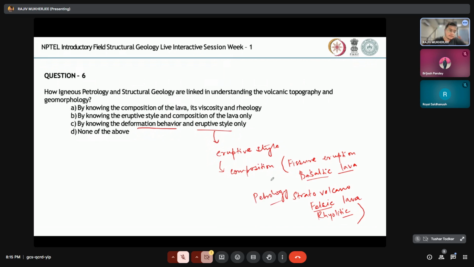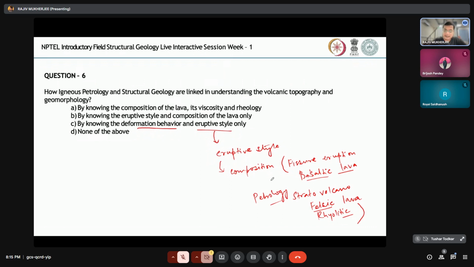Because if the lava has higher silica content, it will have higher viscosity, so it will flow sluggishly compared to a lava which has lesser silica content, and that is some basaltic lava. So felsic lava will have higher viscosity and higher water content. It will erupt. It will be explosive volcanism, right?